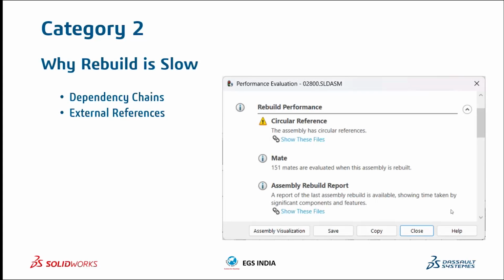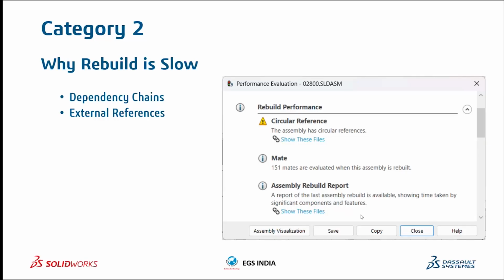So when you make changes in the model, SolidWorks needs to rebuild it to update all the dependent features. Most models are built using a chain of features where each one depends on the previous one. So a small change in the beginning can affect everything that comes after it, increasing the rebuild time.